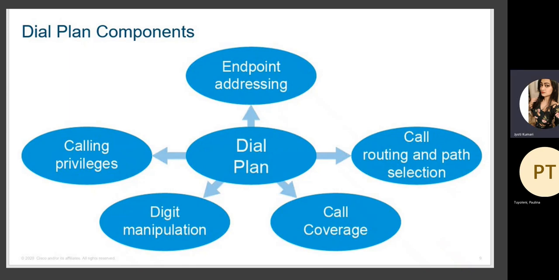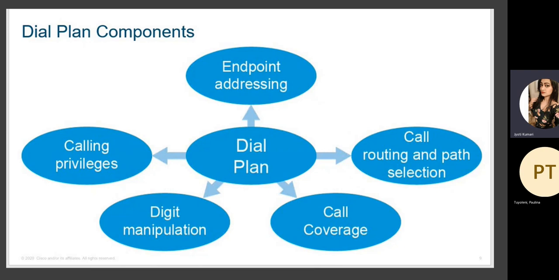Digit manipulation is used when you are making calls outside to the PSTN and when you're receiving calls from the PSTN, because internally we usually do not use the standard numbers. We use 3-digit, 4-digit, 5-digit numbers only, which are not standard numbers. To make them standard numbers, we need to do some digit manipulation, like adding a prefix.